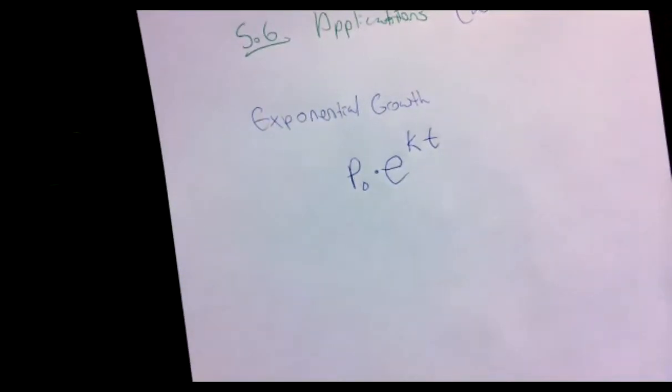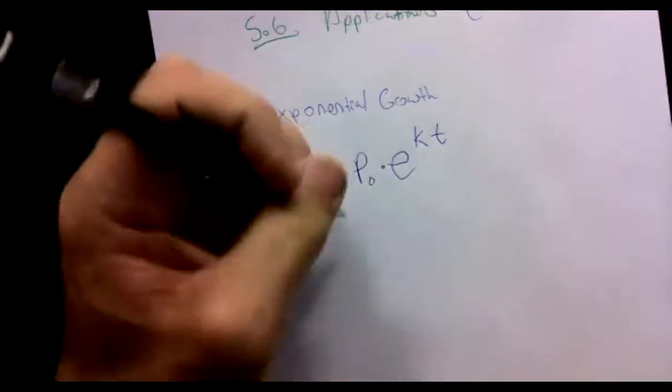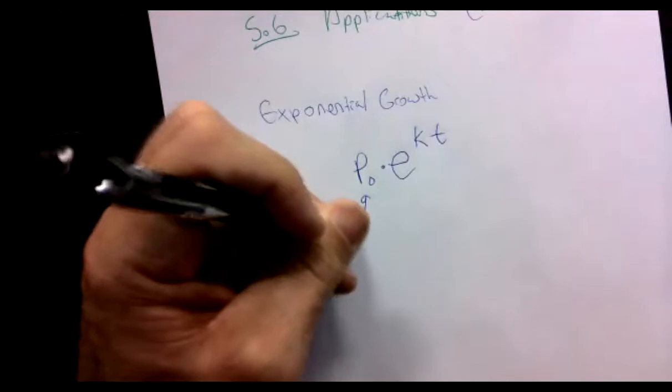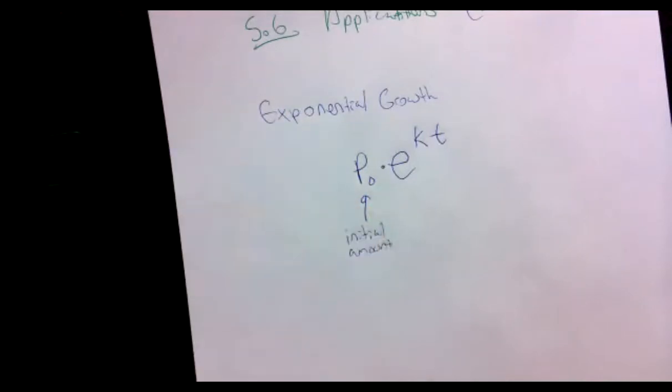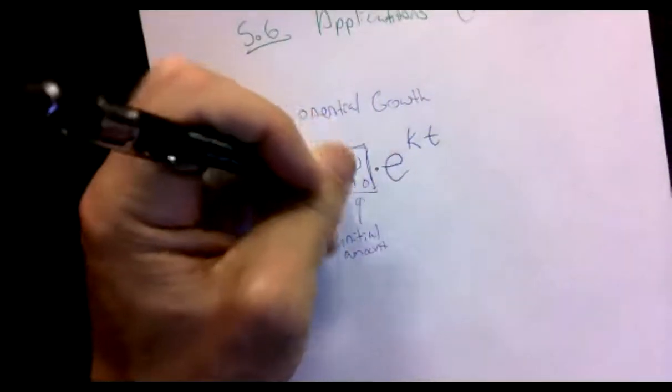So you should be able to take the information you're given within the problem and plug it into this formula. So this P sub 0 refers to your initial amount of whatever you're dealing with. So whatever you started with, that's what's going to go here. So that's going to be your initial amount.